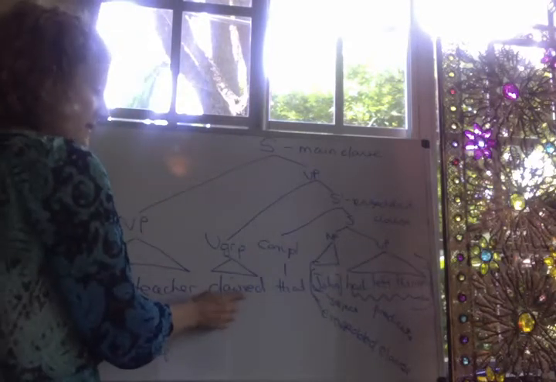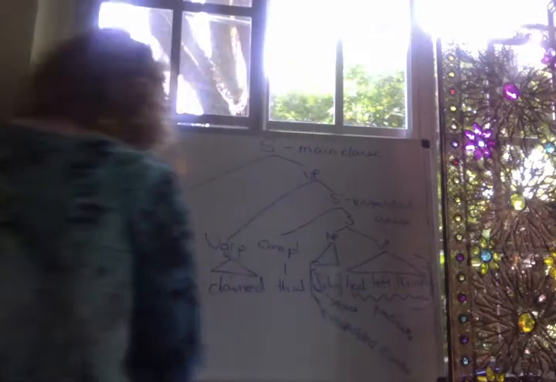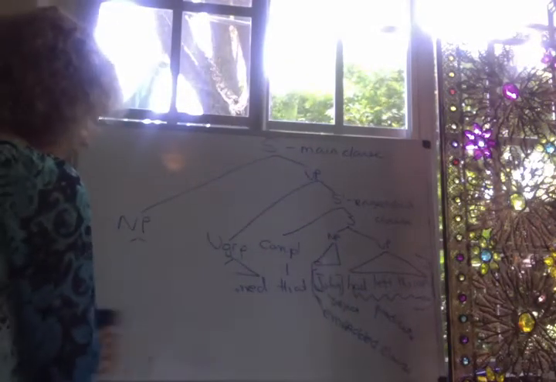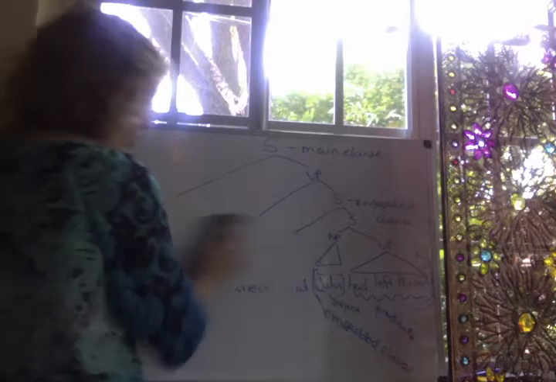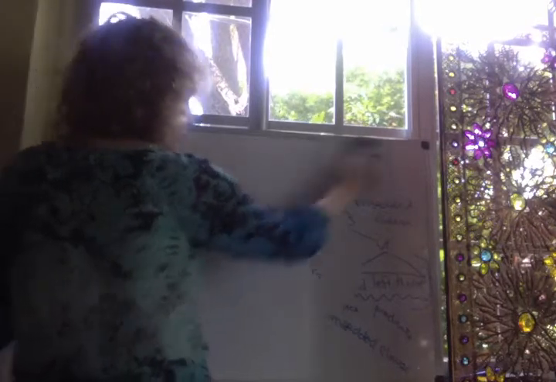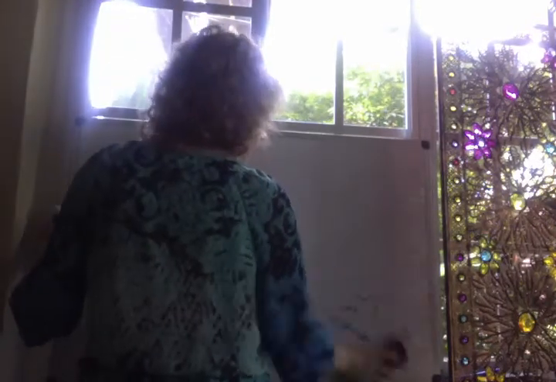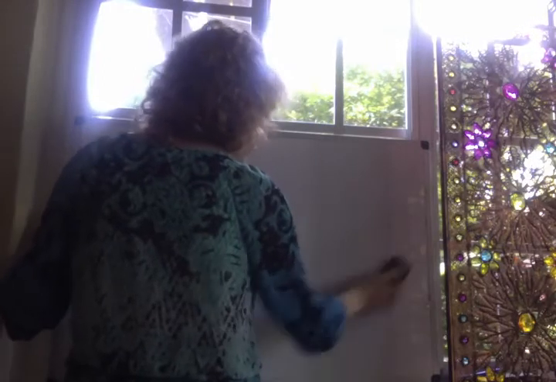So the idea is that as long as you have a verb which allows you to have an embedded clause, you're going to have always basically this same structure for embedded clauses. We have the verb group forming a unit of the verb phrase with the embedded clause.